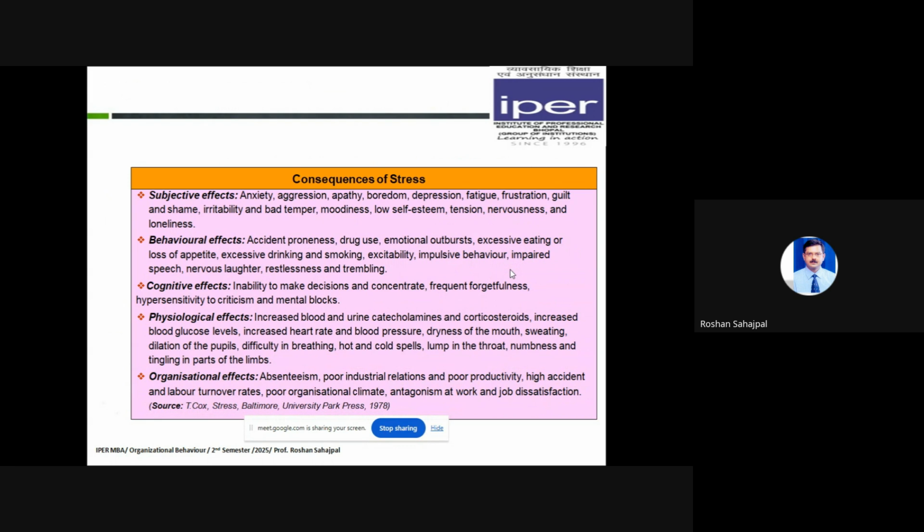Drug abuse, and as I told you, excessive drinking, smoking, excitability, road rage cases. People who are under stress, if they by chance run into somebody who might have accidentally caused some minor damage with their vehicle, will just get out of the vehicle and do something exceptionally bad.